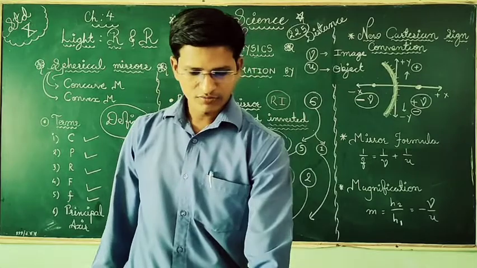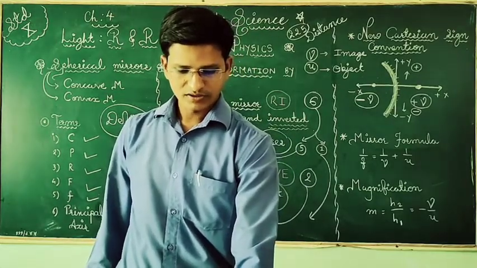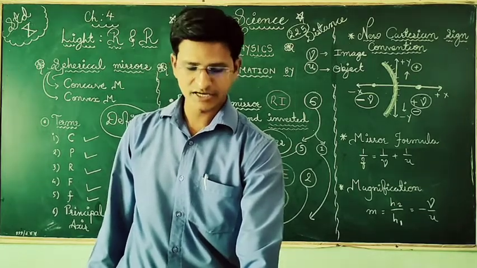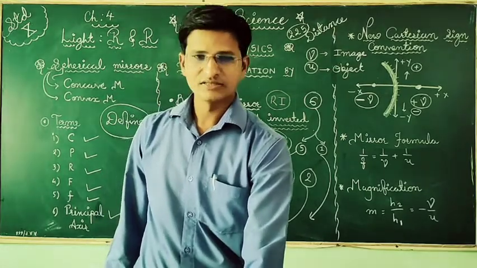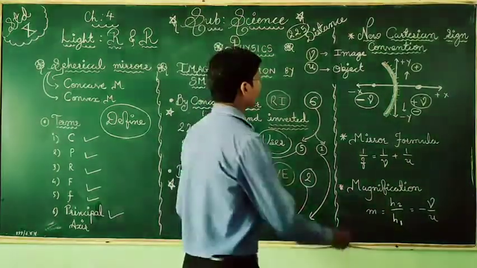So here we can say, for object distance and image distance: in a concave mirror the object distance is negative, and in a convex mirror the object distance is also negative.